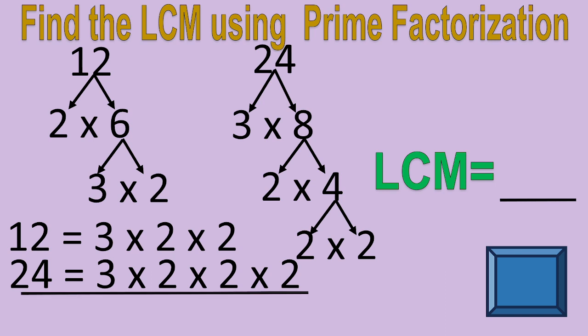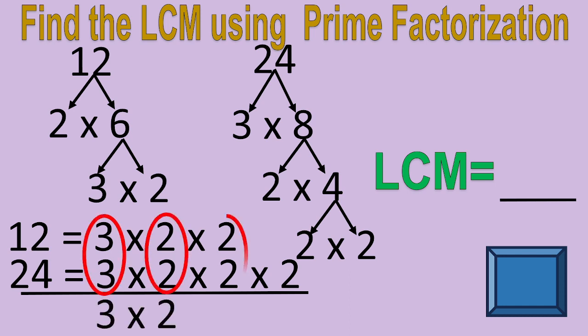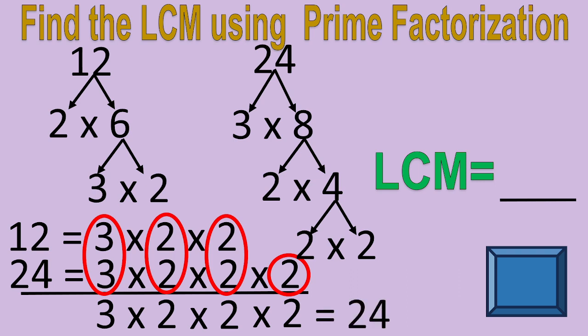Now, the common prime factors of 12 and 24 are 3, 2, and 2. And the uncommon prime factor is 2. So 3 times 2 times 2 times 2 is equal to 24. The LCM is 24.